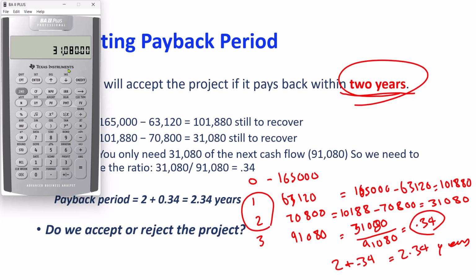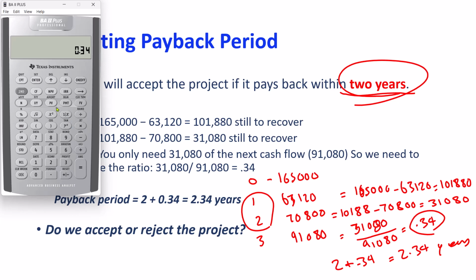And since the remainder is less than the third year's cash flow, 91,080, we just divide it by 91,080 to get that fraction, that 0.34 years.